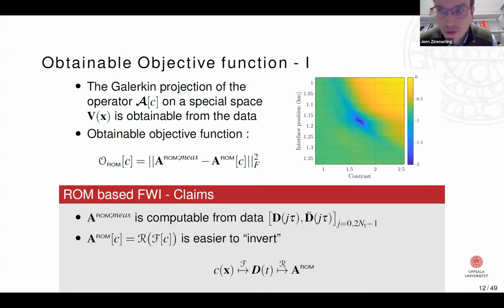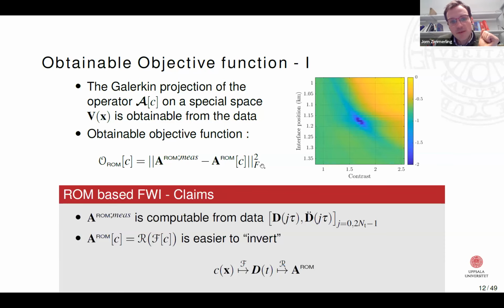And of course the rest of the talk will be about how you compute this thing. But if you do a Galerkin approximation of the operator script C onto the special space, the space of orthogonalized snapshots, which is obtainable from measured data, you end up with an objective function that I'm calling script O sub reduced order model.